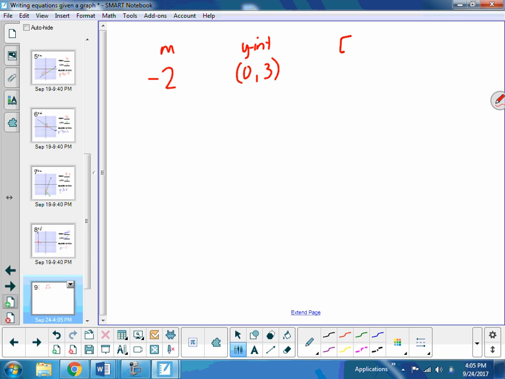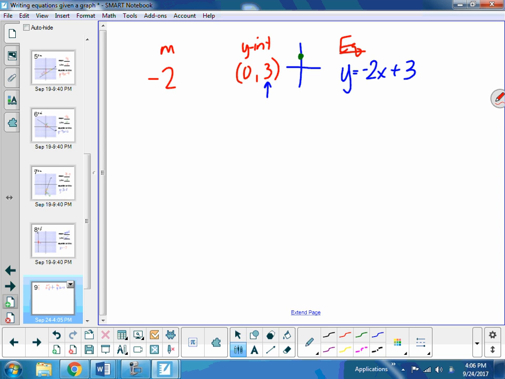I want to know the equation. So this one I'm giving you everything. I'm giving you the m. We know this is our b because if x is 0, we're talking about a point right here. So that is my y-intercept. In here you're going to write the equation: y equals negative 2x plus 3.